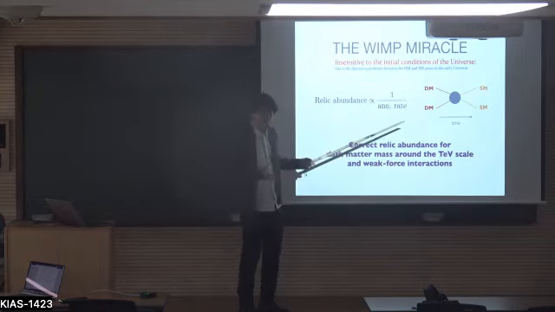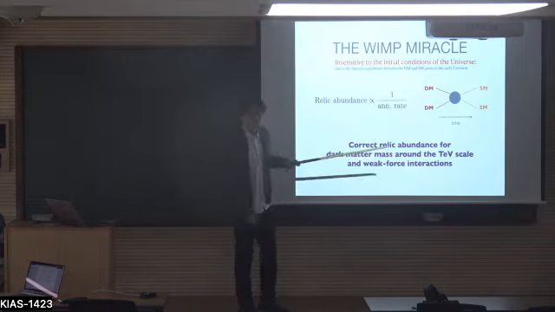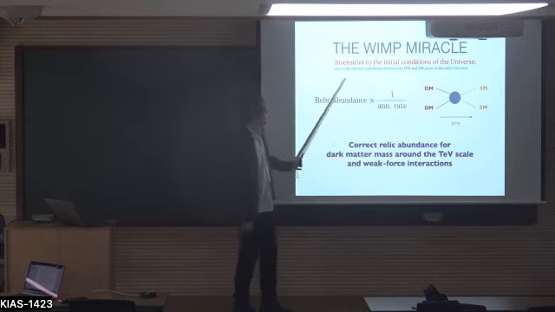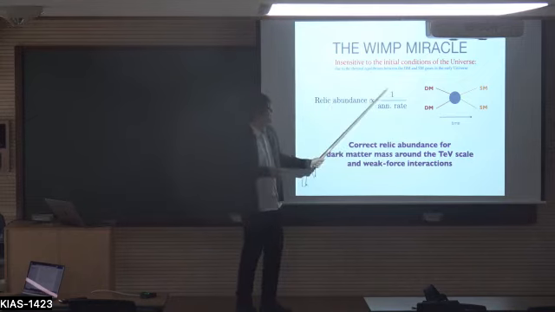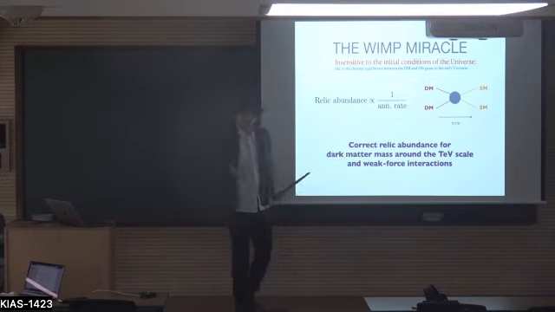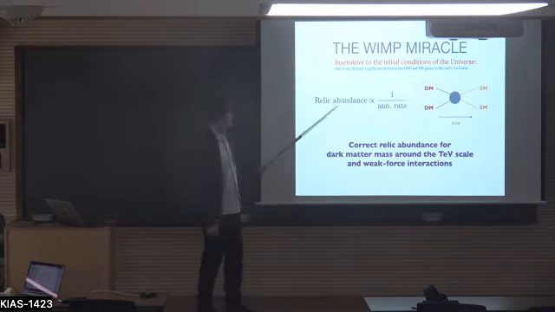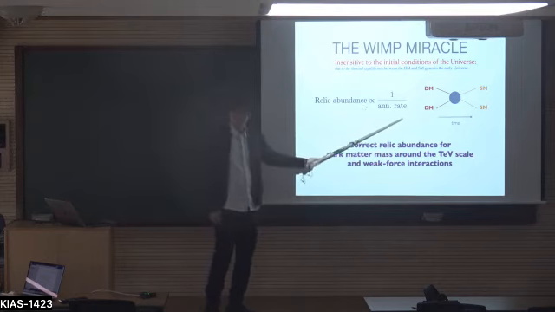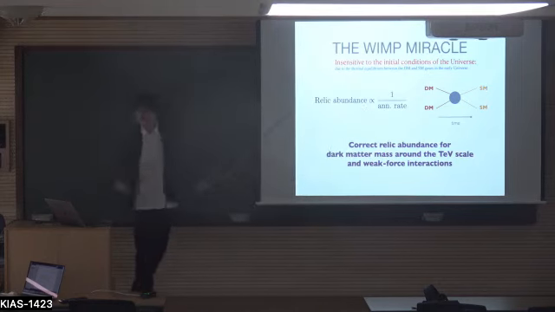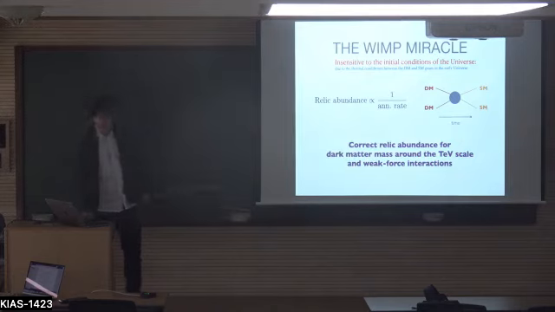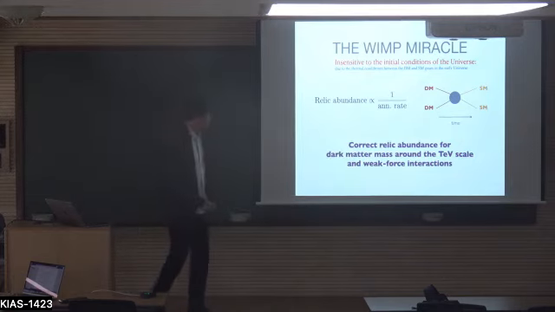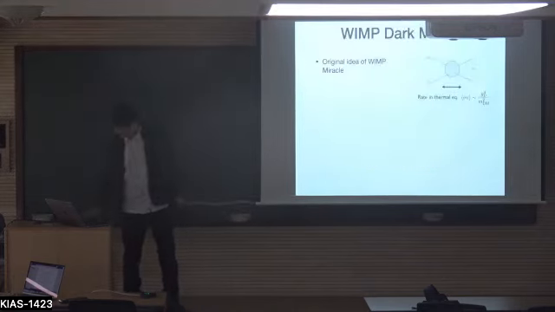Because it started from equilibrium, you don't care about the initial condition. The dark matter and standard model gases in the early universe will be in thermal equilibrium. And then, as I said, the relic abundance is proportional to the inverse of the annihilation cross section, which was computed in the 70s by Weinberg and Benjamin Lee. So this is a nice thing.